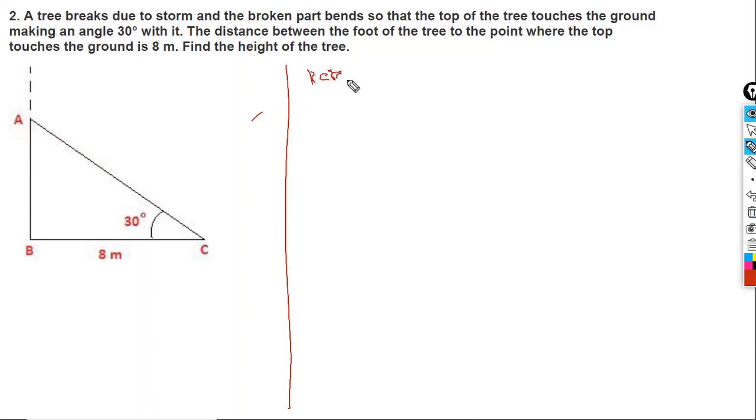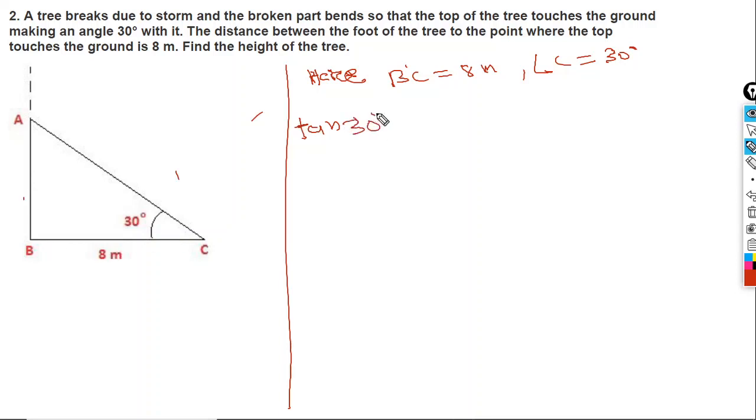Here BC equals 8 meters, angle C is equal to 30 degrees. This is given to us. Now if you write tan 30, it will be equal to AB by BC.